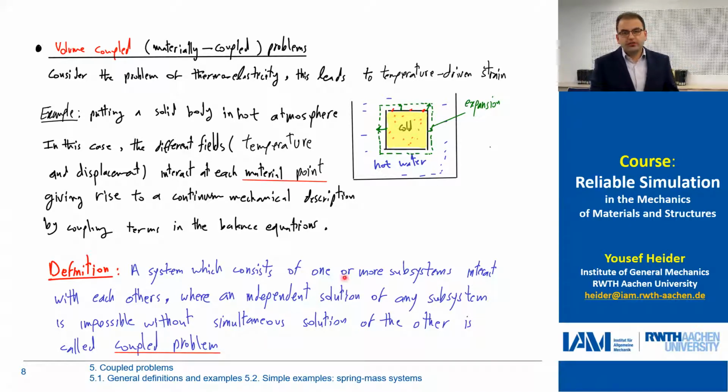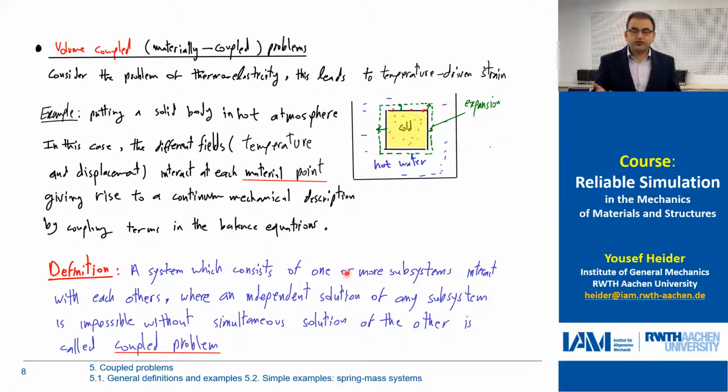We have one system, a mechanical system, and the other system, a thermal system. You have to give a mechanical description of both effects, mechanical and thermal, and then you have to solve these simultaneously. Any change of temperature will give you a mechanical response. Any mechanical response will give you a change in the temperature.